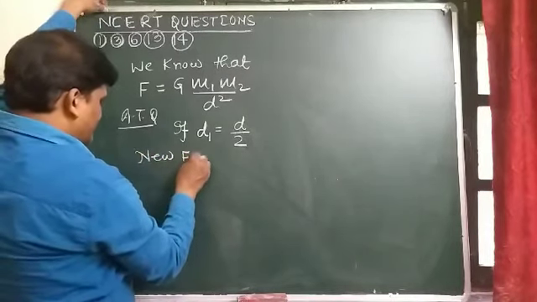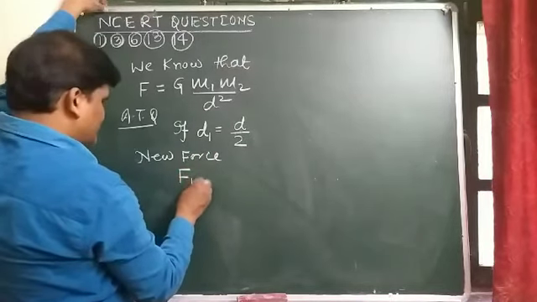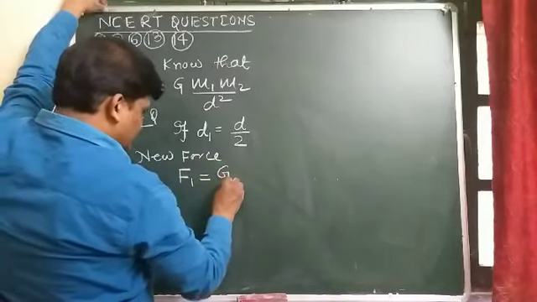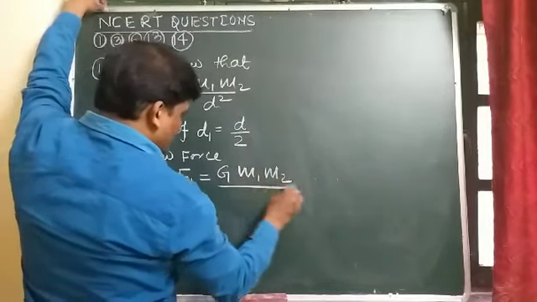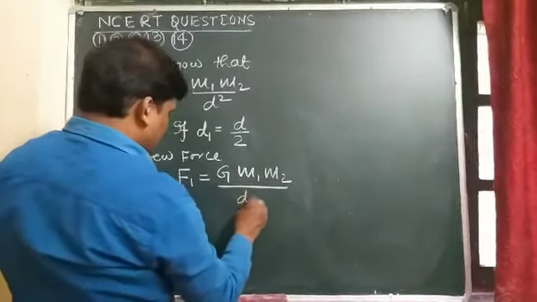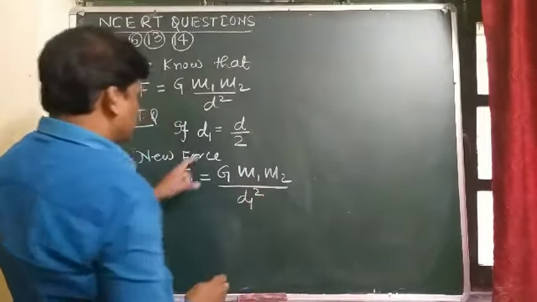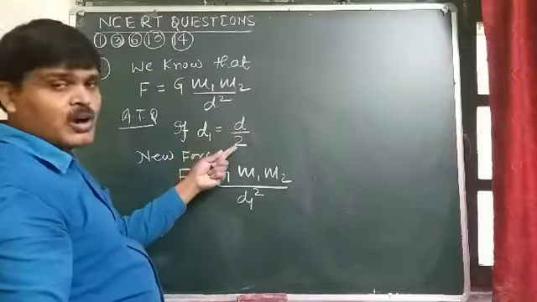acting between them, F1 equals G m1 m2, the same, only in place of d we have d1 square. In place of d1, the distance between the two objects is reduced to half.